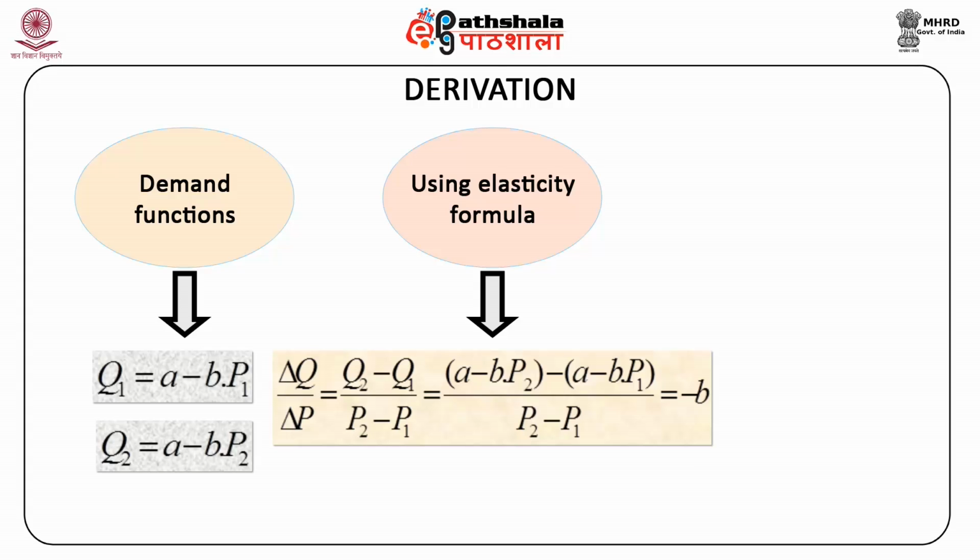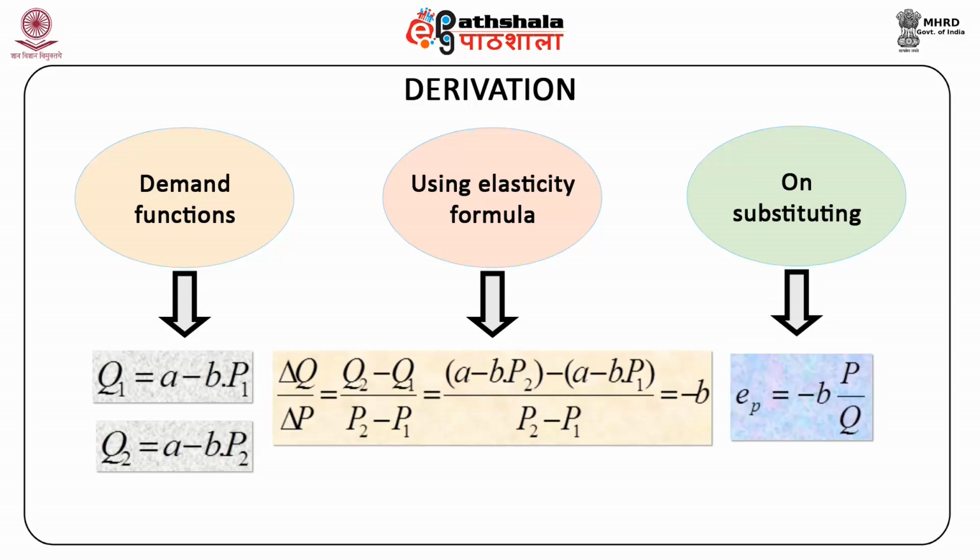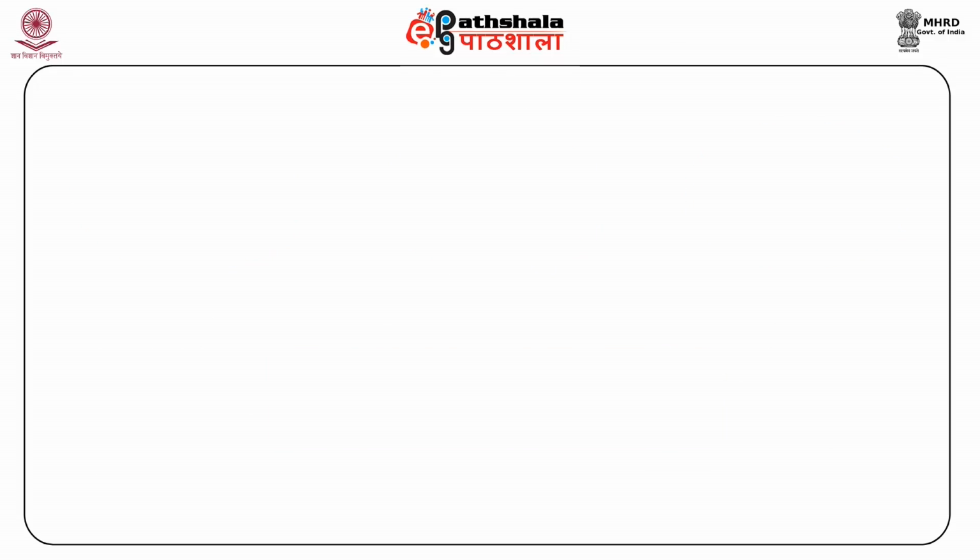Change in Q by change in P is equal to (Q2 minus Q1) divided by (P2 minus P1), which is equal to (A minus B into P2 minus A minus B into P1) divided by (P2 minus P1), which is equal to minus B. By substituting minus B for change in Q by change in P in the elasticity formula, we get EP is equal to minus B into P by Q.